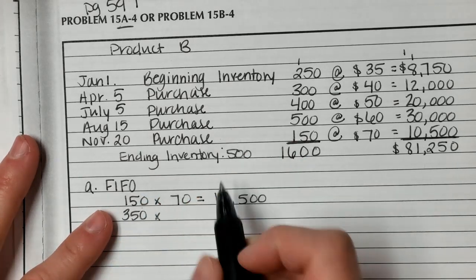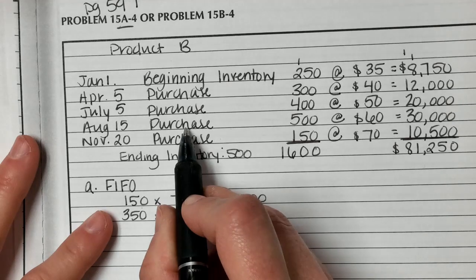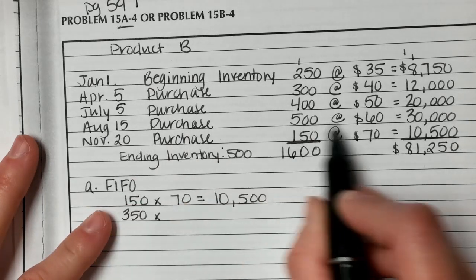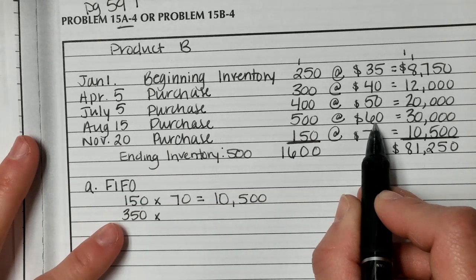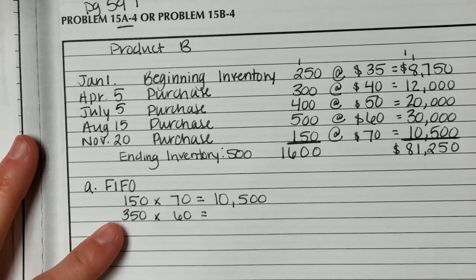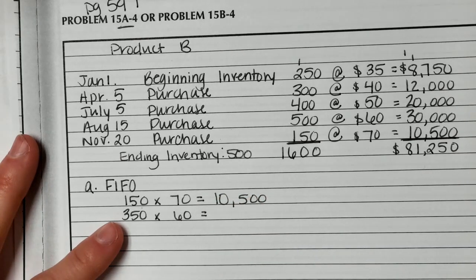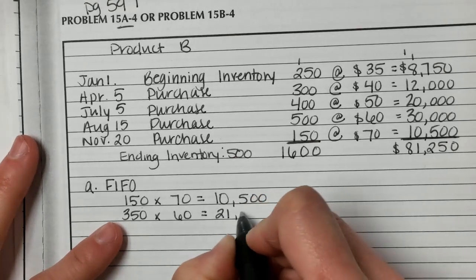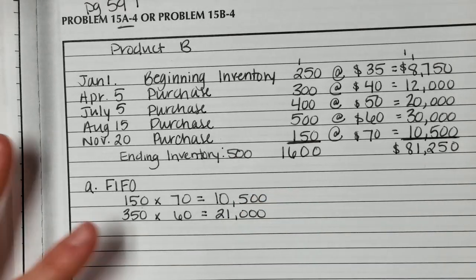And we're going to take that then from the next newest or last invoice, so from August 15th. So we'll count 350 of them at $60. Should give you 21,000.